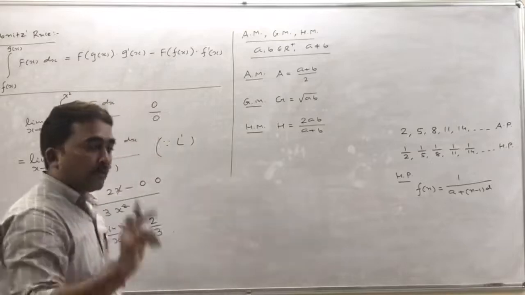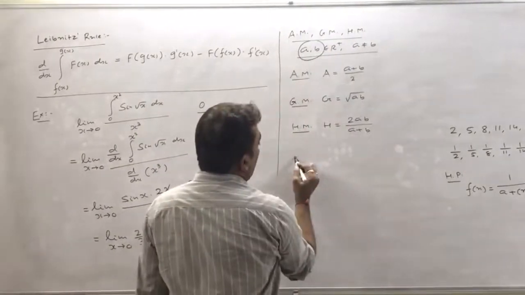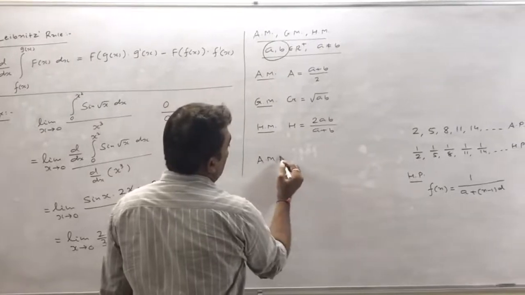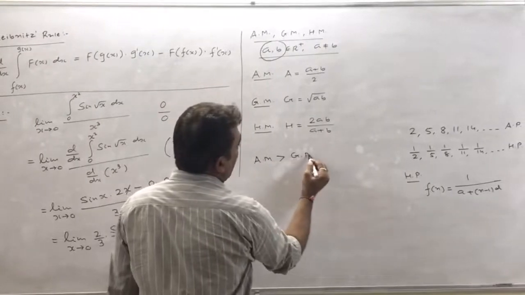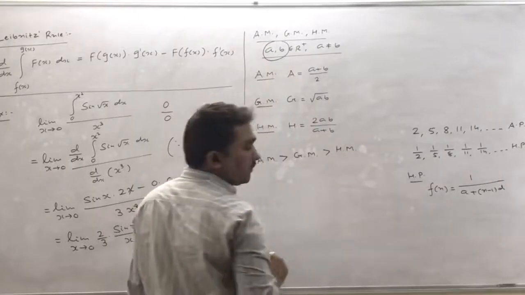And also remember one part. For any two numbers, arithmetic mean is always greater than its geometric mean, and that is always greater than its harmonic mean.